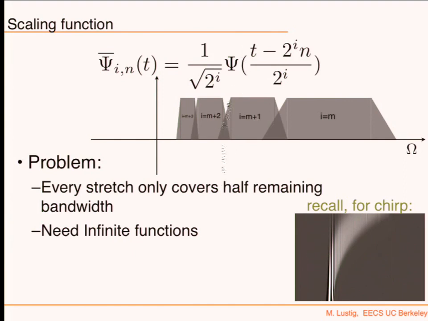And then I split that into high frequency and low frequency, and again, and again. I can go on and on and zoom out, zoom out, but it's never going to end. I need an infinite number of functions to represent something.